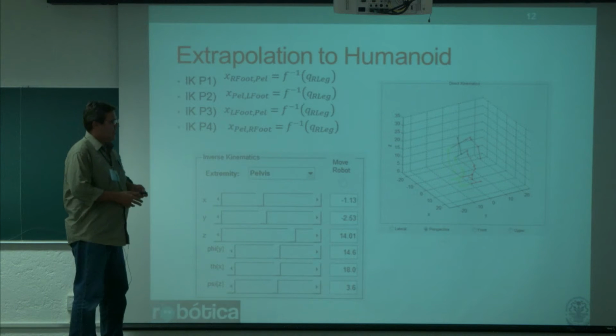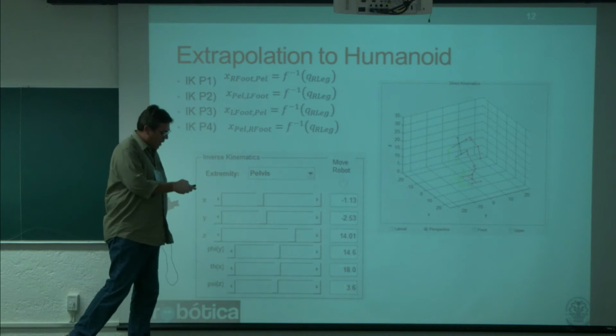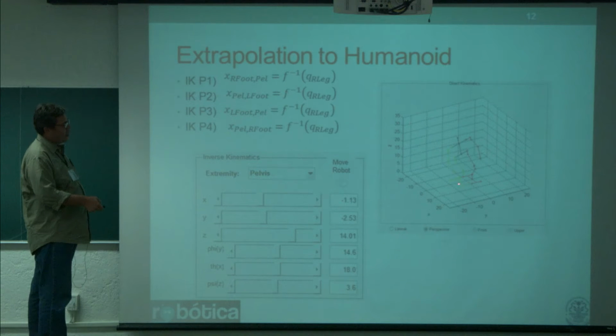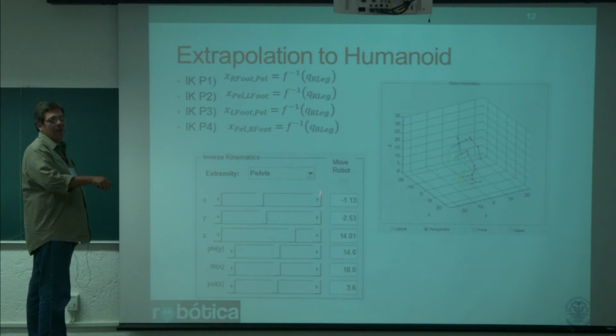The main idea for walking is that you have a base frame, which can be, for example, this foot. So we have an inverse kinematics to the pelvis. And then, knowing the position and orientation of the pelvis, you can impose the position and orientation of the free foot, and the other way around.